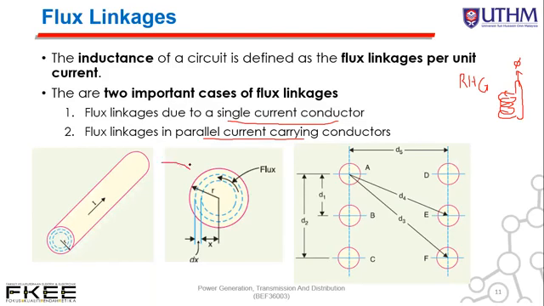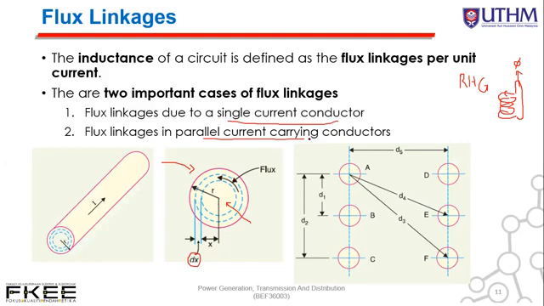From this figure we can see that the flux flows near the surface of the conductor, while there is no flux flow in the middle of the conductor due to the skin effect. The flux also differs based on the distance of the radius, and also the flux linkage surrounding the conductor.